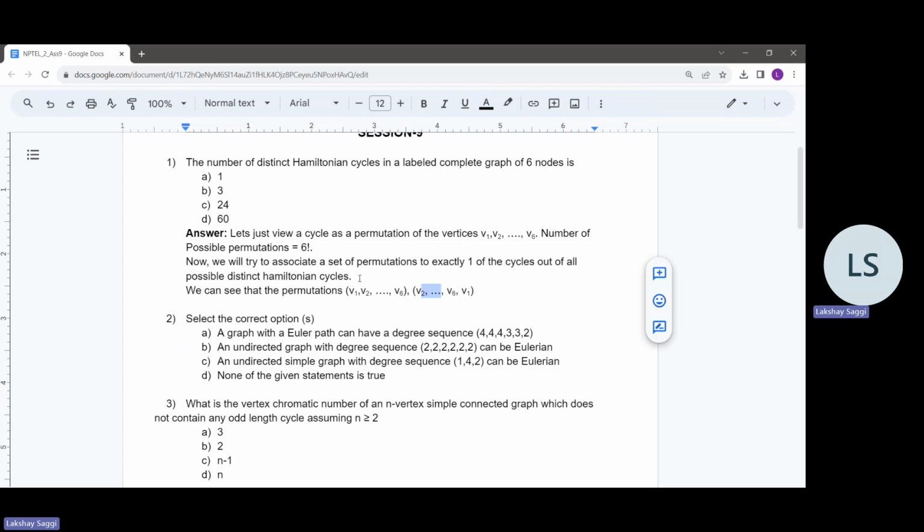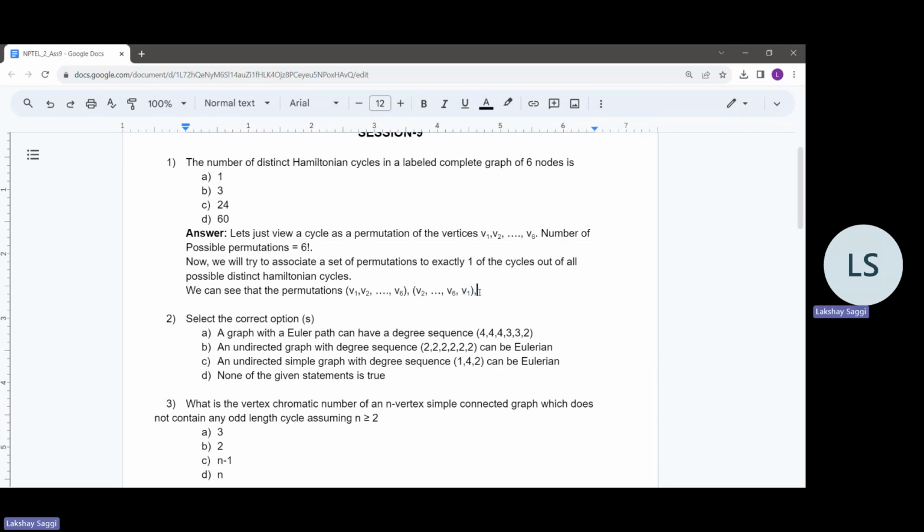These two permutations differ only by the starting position. They are essentially the same. The first started from V1, so the order was V1, V2, V3 to V6, but this one starts from V2, so the order goes from V2 to V6 and then arrives at V1.